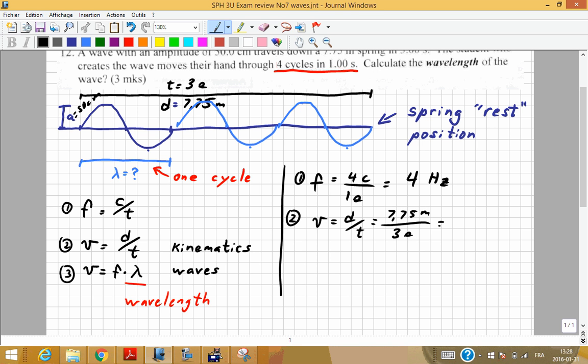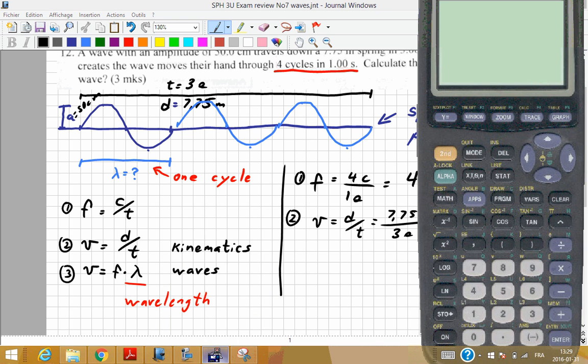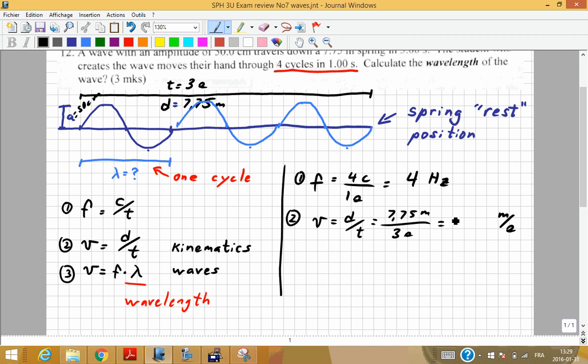We can tell right away that the answer will be in meters per second, meters on top, second on the bottom. So our unit analysis tells us we probably have the right answer. So we're going to go to our calculator. We have 7.75 divided by 3 equals 2.58, and a 3 that keeps on repeating.